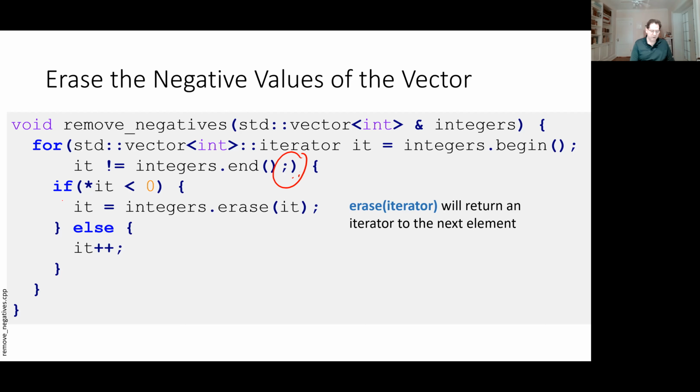In the body of the for loop, I basically say if what I'm pointing to is less than 0, then I want to erase it. Erase is a member function on containers like vector. So this is going to destroy whatever the iterator points at, because I want to get rid of it. It's a negative number, I want it gone.